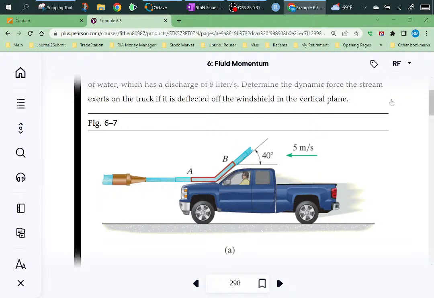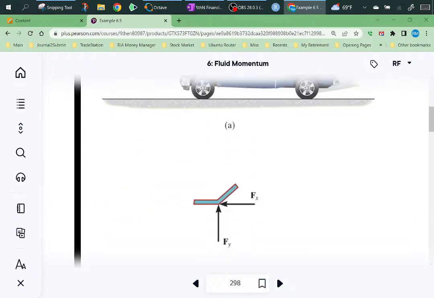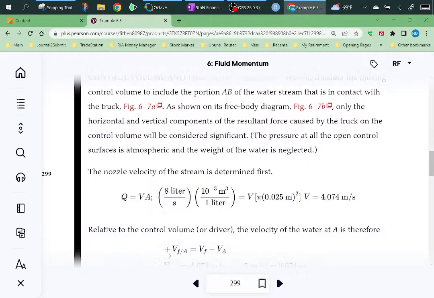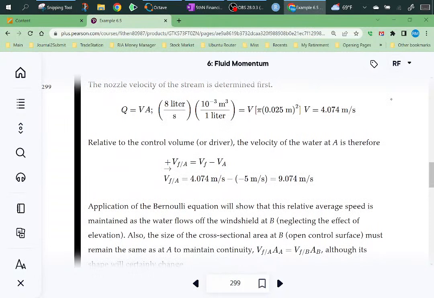So this is negative and this is positive. But the control volume is seeing this coming at a little over 9. And so that's what he's got. Then he's going to go through the application of Bernoulli, which would show the relative average speed and maintain the waterfall, neglecting the effects of elevation.